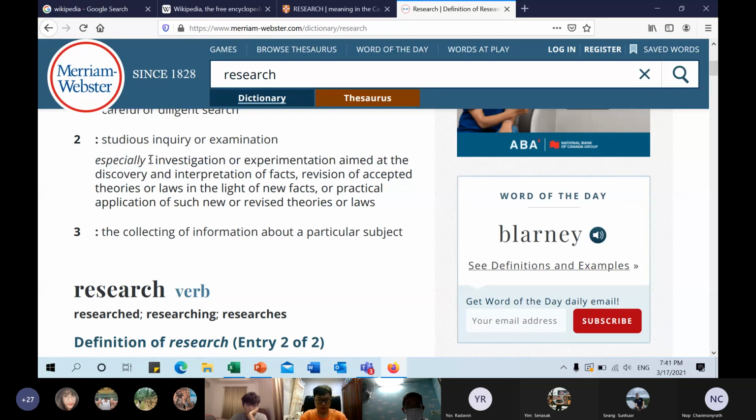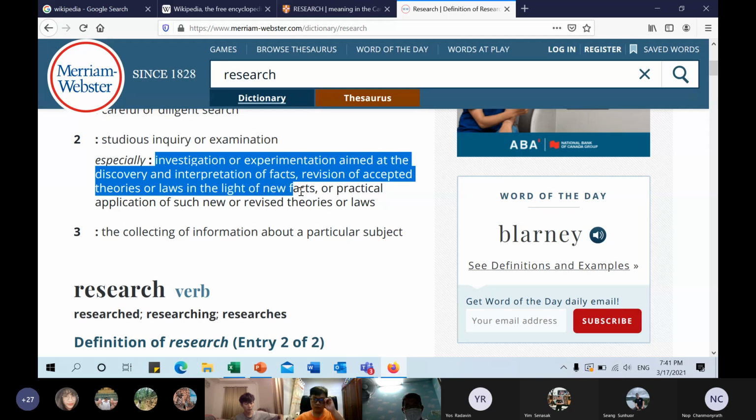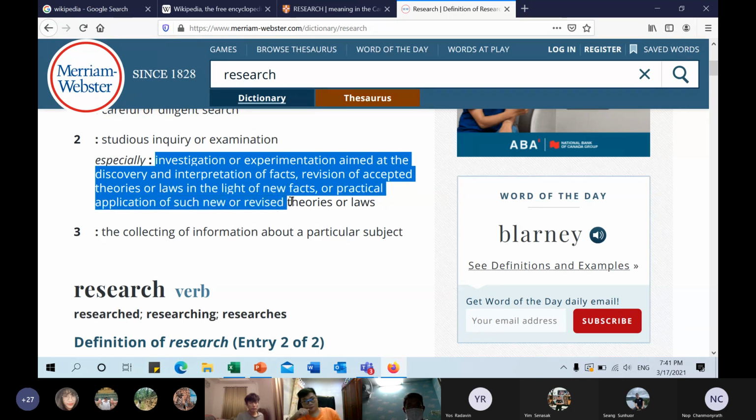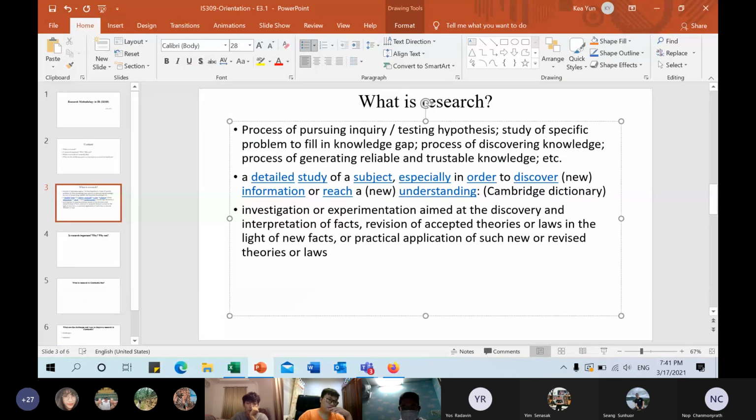But they also refer to the action of investigating and experimenting aimed at the discovery and interpretation of fact, revision of accepted theory or law in light of new fact, or practical application of such a new revised theory or law. The definition by Merriam-Webster is more comprehensive than the one provided by Cambridge Dictionary.